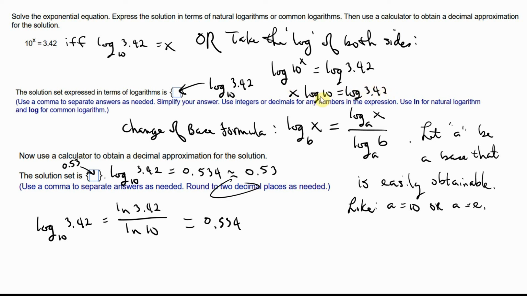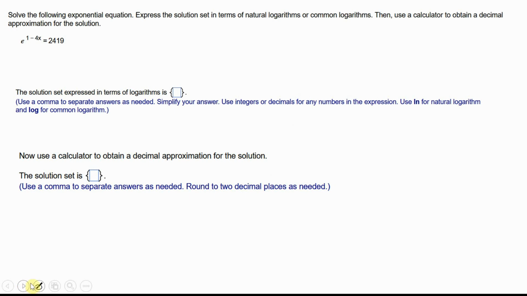Now log of 10, since it's common base 10, is just 1. So this implies that x is equal to log of 3.42. Well, that's what you already have right here. Let me show you that with this method.